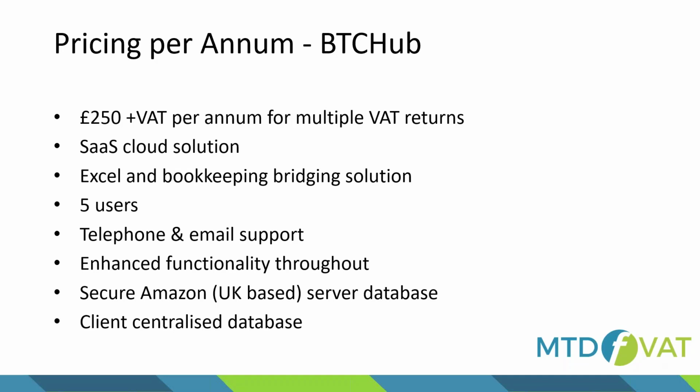You've got additional functionality in relation to reports, both telephone and email support, enhanced functionality throughout, the UK Amazon database, and the client centralized database. So all of your clients, or all of your businesses if you're a group or have multiple businesses, will be in the one place.